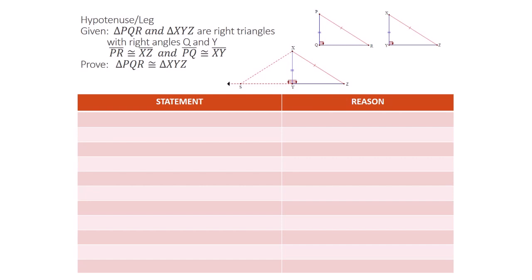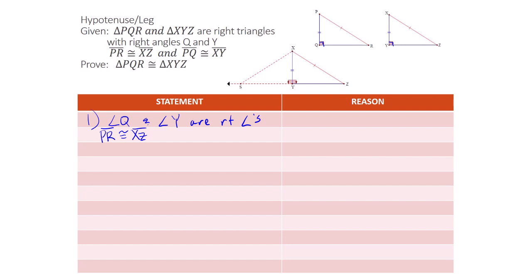Okay, so let's start out with our given. So we're given these two right triangles. So Q and Y are right angles. So angle Q and angle Y are right angles. Okay, and we have that already noted here. All right, and they also tell us that PR is congruent to XZ.